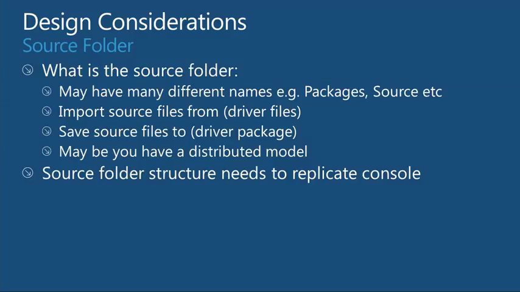So if you're going through the console and you look at applications and you've got one for Visio Viewer, it's under Application Management, Applications, Visio Viewer, then you know when you go into the directory structure, it's under exactly the same directory structure. You don't have to go into the application and find out where the source files are. So it can save a considerable amount of time and it keeps everything nice and neat and tidy.